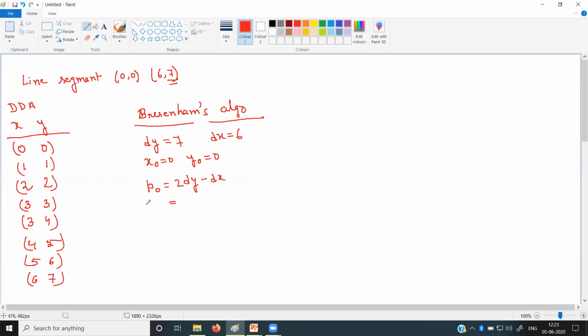So if you put the value of dy, which is 7, and dx, it will be 14 minus 6, so it will be 8. So you see, I just put the values of dy and dx in this equation and I'm getting the result. Fine. Now I know the value of P0.